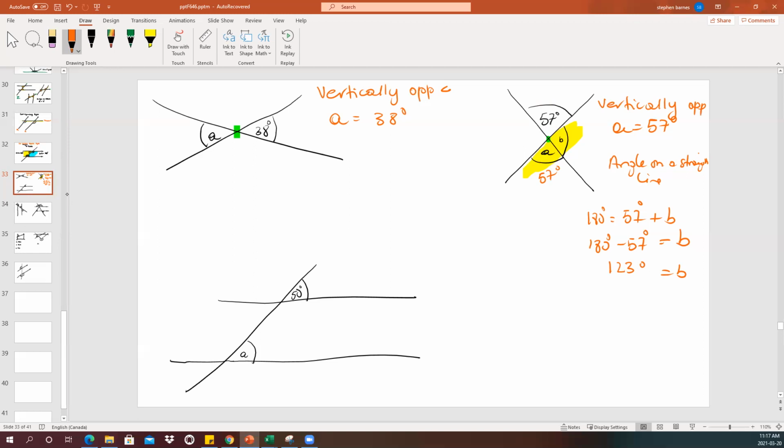So I am going to work this out using corresponding angles.